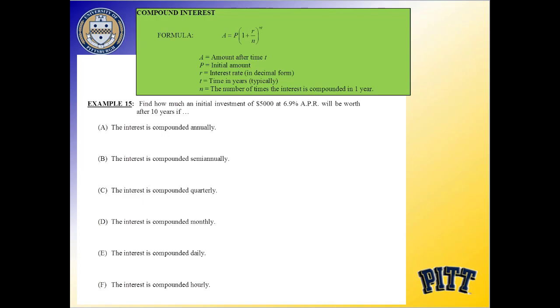So, for instance, if I'm going to compound it semi-annually, which is twice a year, I'm going to take that 6.9%, split it into two, which would be about 3.45%, and apply 3.45% twice to that $5,000. I apply 3.45% to the $5,000, get a new amount, and then apply 3.45% to that new amount at another point in the year.